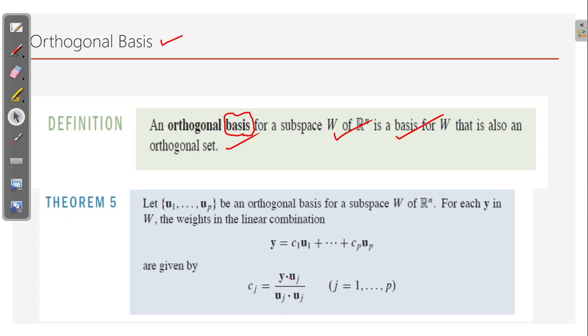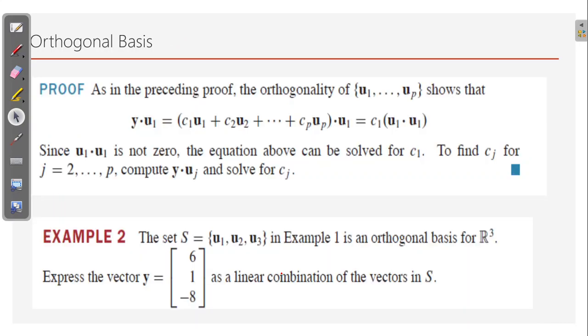For example, the orthogonality of the set u1, u2, up shows that y dot u1 equals c1 u1 plus c2 u2 plus etc. cp up dot u1, which equals c1 times u1 dot u1.